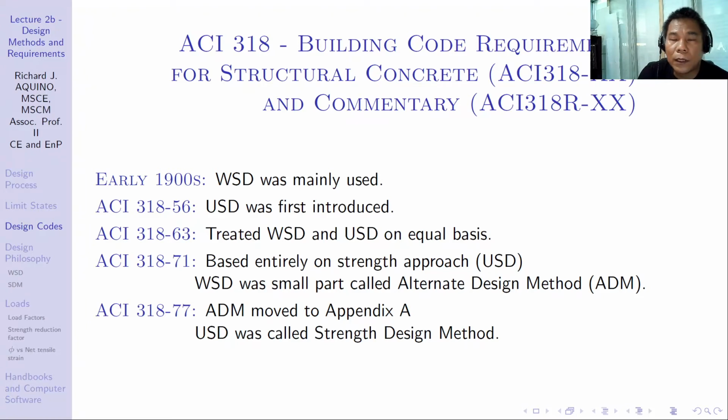And the USD, or the ultimate strength design, was called the strength design method because it's kind of redundant to say ultimate strength. So you can just say strength design method.